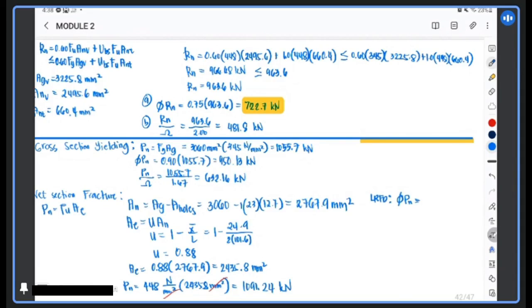So 0.75 of 1091.24 is equivalent to 818.43.